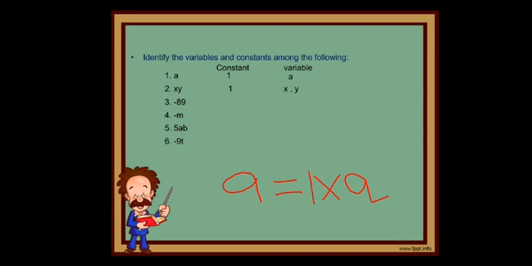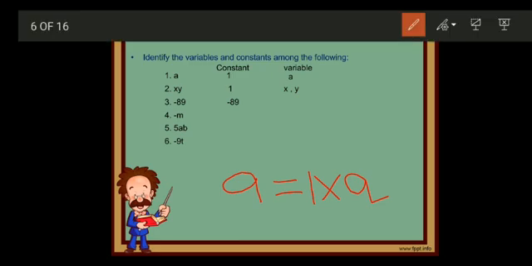See the third one, minus 89. There is no letter and it is a number, minus 89. So here the constant is minus 89 and there is no variable. See the fourth one, minus m. Minus m is equal to minus 1 into m. So the constant is minus 1 and the variable is m.